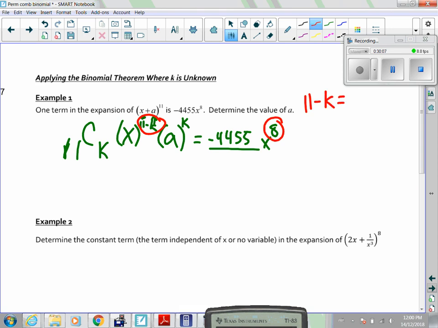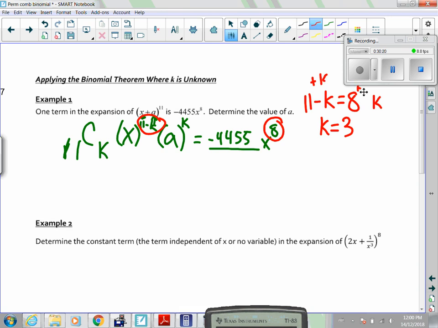So 11 minus k equals 8. That means k equals 3. Hopefully you can see that, or I could add k to both sides. So we get 11 minus 8 equals k, or k equals 3.